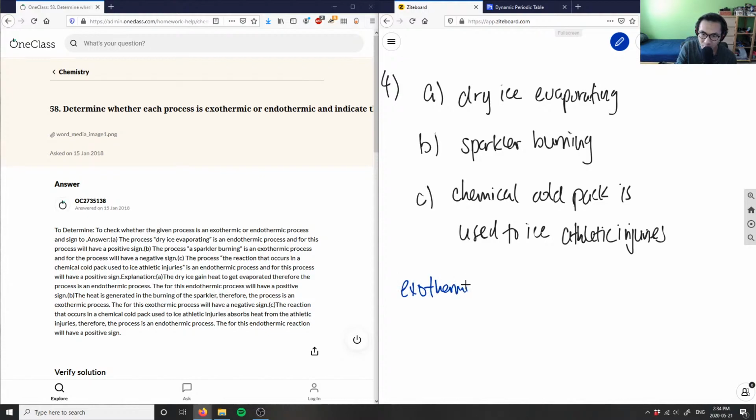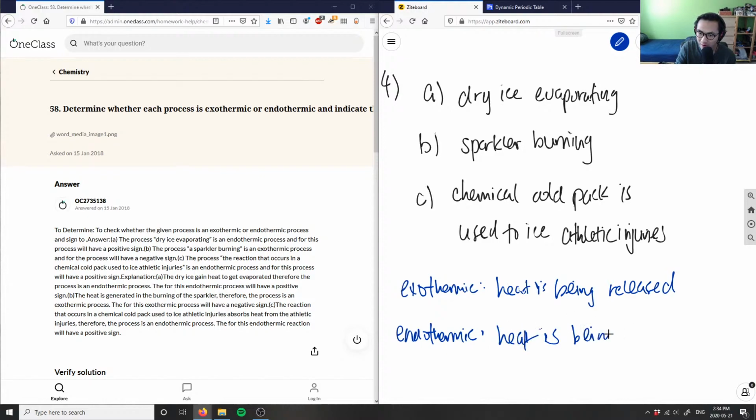Well, as exothermic, I know that heat is being released, and that can be in the form of multiple things. It could be thermal energy, sound, or light. In this case, it's actually heat, so in terms of thermal energy here. And then this guy here, heat is being absorbed, right? Endothermic.